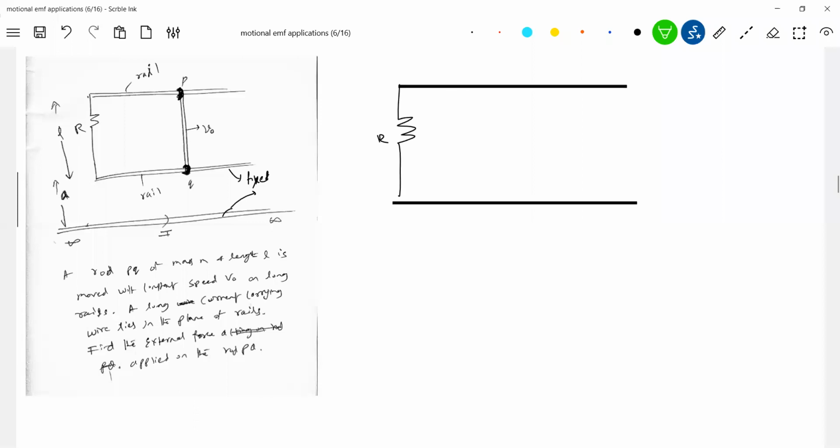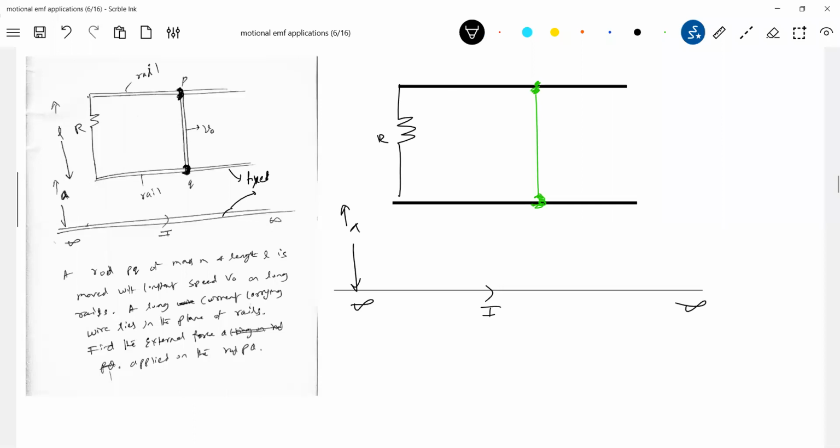This is a rod PQ. And this is a long wire. Infinity, infinity, let this be A, let this be L. So these are the things given, and it is moved with a constant speed V0.